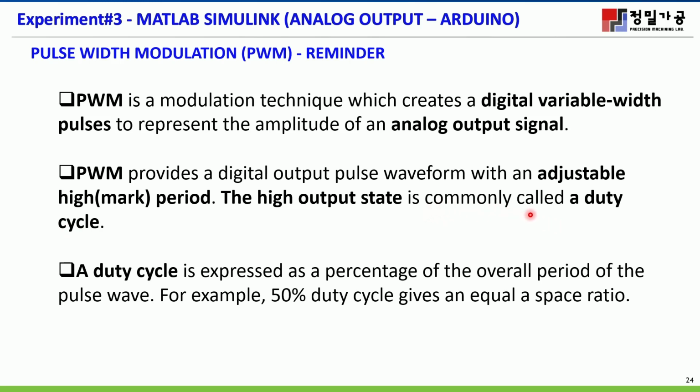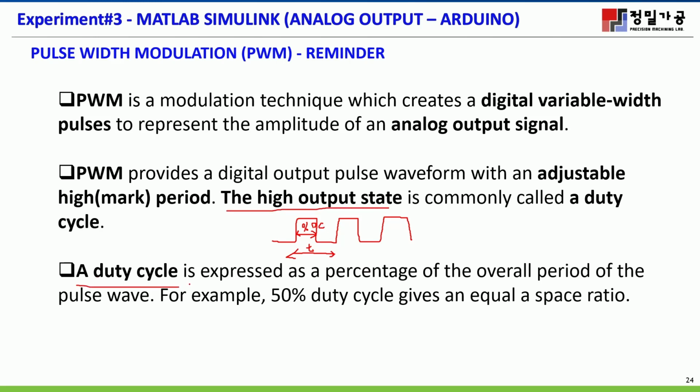This is typically a pulse width modulation signal, and this one is the period. We call it time period, and this one is called the duty cycle percentage. How much percentage is on duty cycle? Okay, only the high output state.